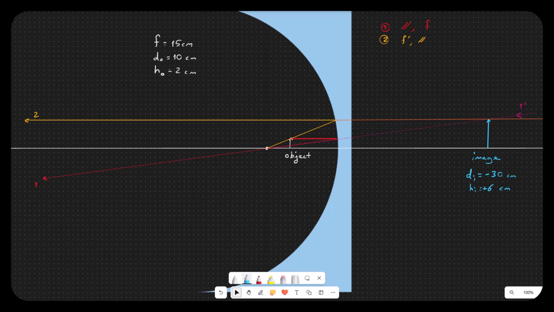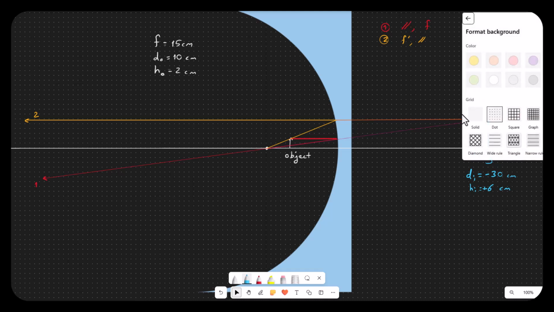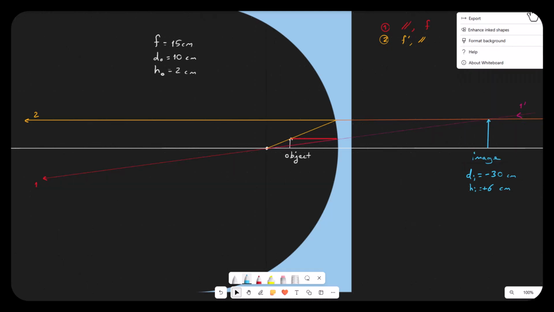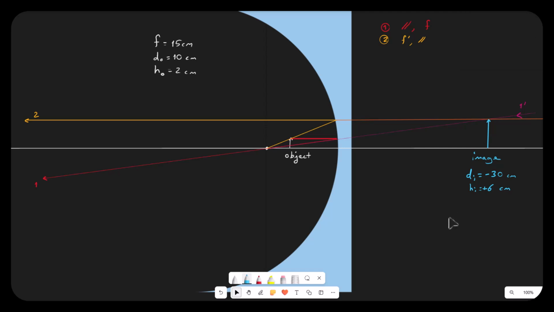now I'm going to get rid of the grid. It's really helpful for the pictures, but it also adds a lot of busyness to the pictures. So here we go, my magnification. I'm going to say HI over HO. Let's see what that looks like. I've got 6 centimeters over 2 centimeters.